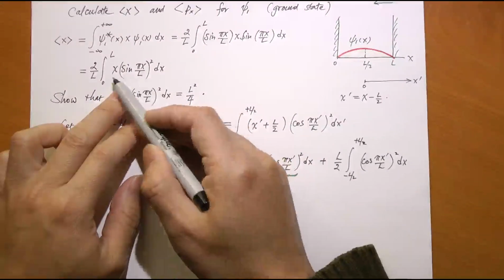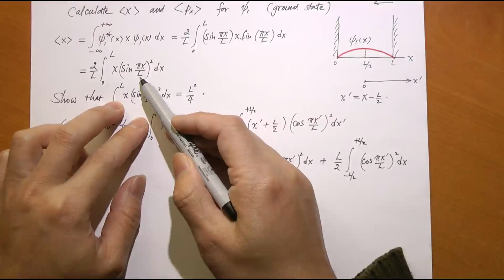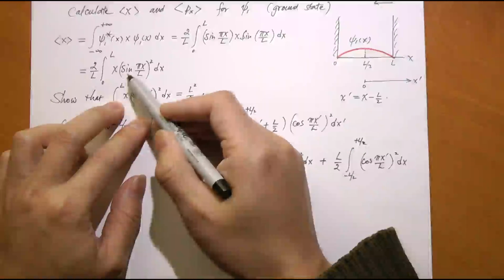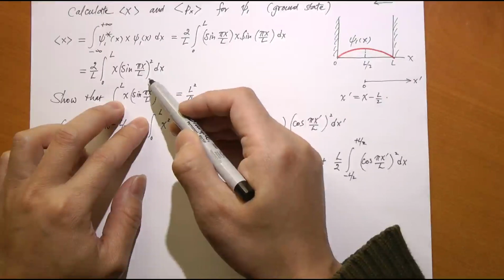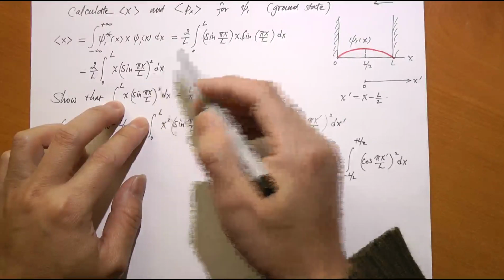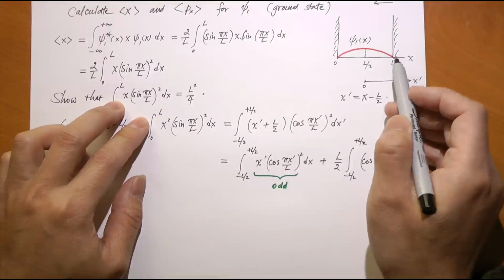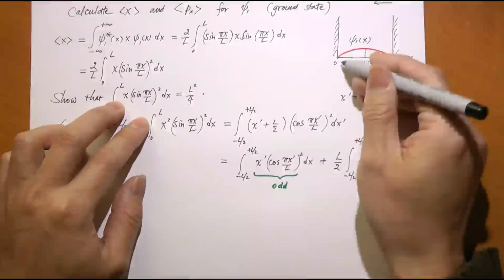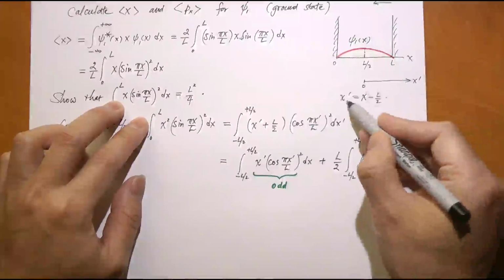Now, at this point, I can certainly leave this to you to finish the integral. It's not that hard to do. But this integral is interesting because there is an easier way to do it without actually having to solve this integral rigorously. We can just observe the symmetry of this wave function, and let's say, okay, I'm going to move the coordinate from here to there. So let me introduce a new coordinate system, which is called x prime.